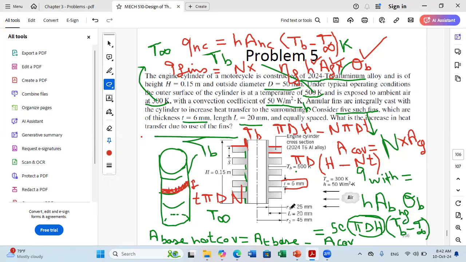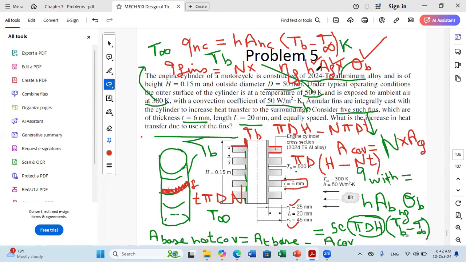We have everything. R1 is given, R2 is given. We find R2 corrected, okay? R2 corrected is, as we said previously, R1 plus T over 2. So we are able to calculate AF per fin, okay?